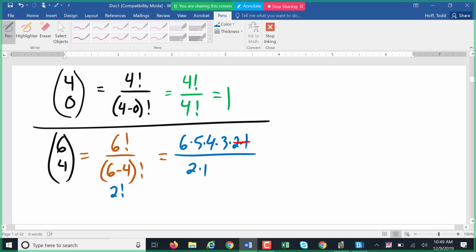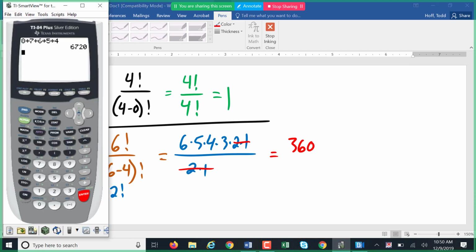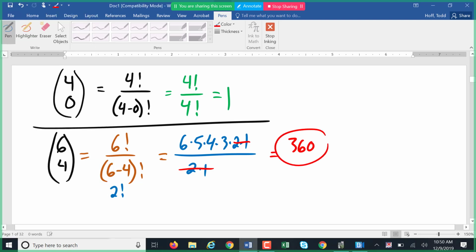So we lose the 2 times 1. So 6 times 5 times 4 times 3, what is that, 1260, 360, I believe. Let me double check it. It is 360.